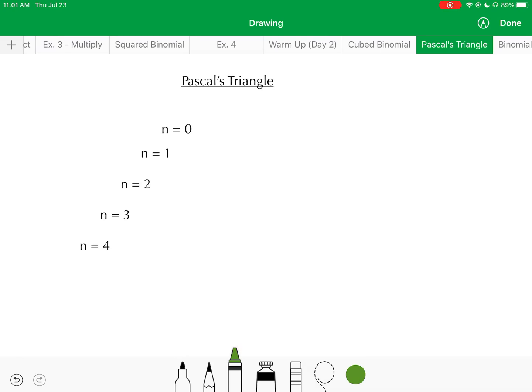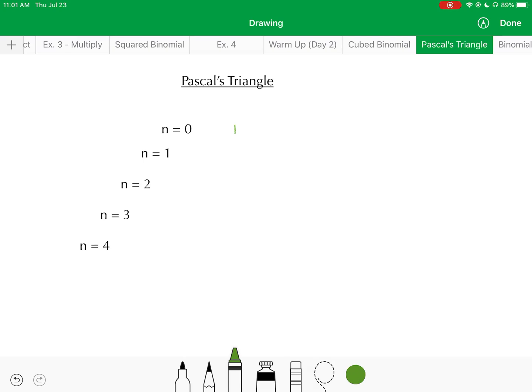So the Pascal's triangle has multiple rows to it, and the first row is actually considered row 0. So n is representing the row number. So n equals 0 is my top row, and it always begins with a 1 in it, okay?